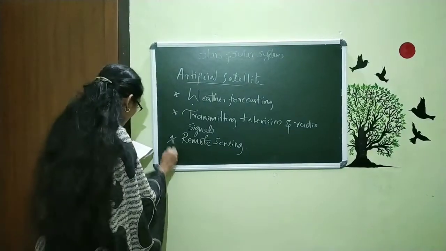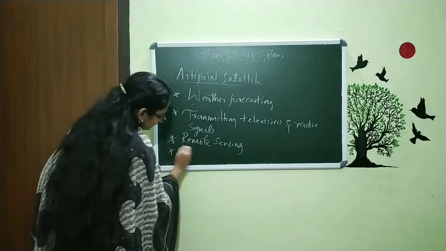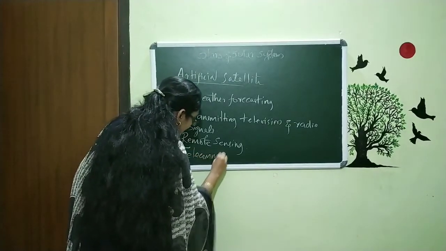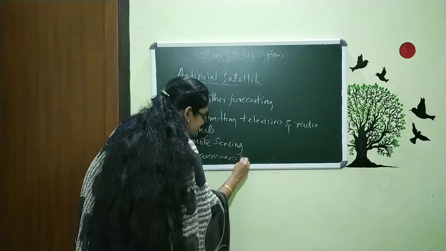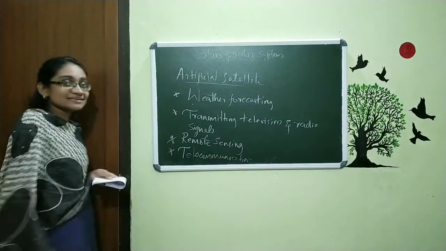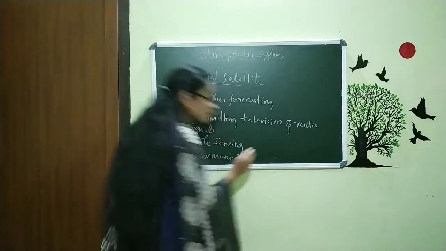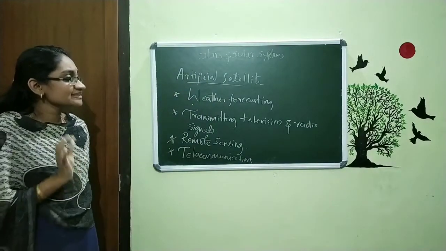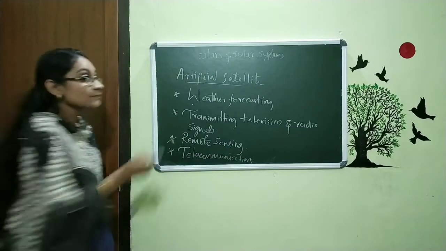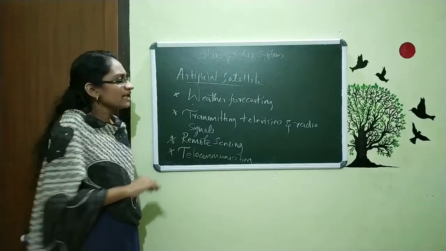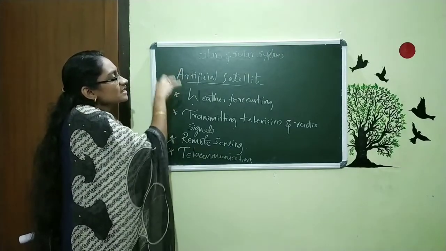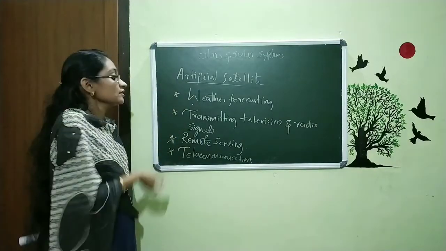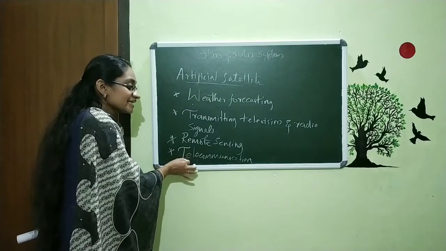And we also have communication. How are we connecting telephones and mobile phones, and connecting to the internet? All these things work with the help of artificial satellites. The invention of the artificial satellite is one of the very big inventions.